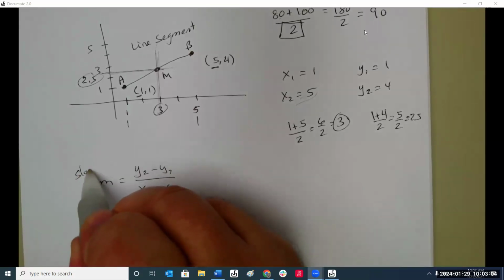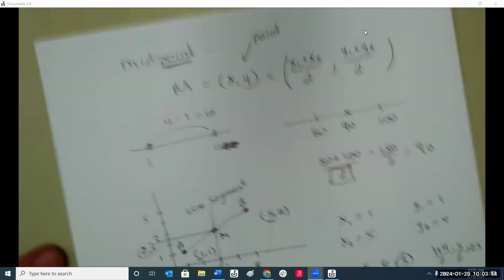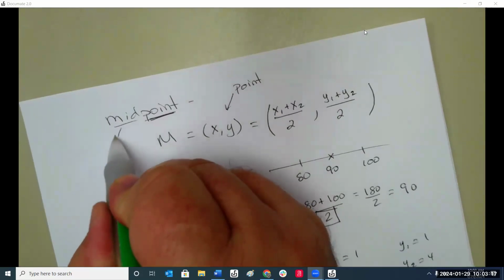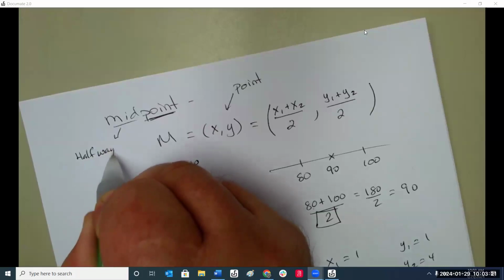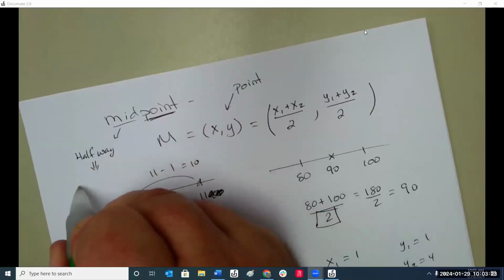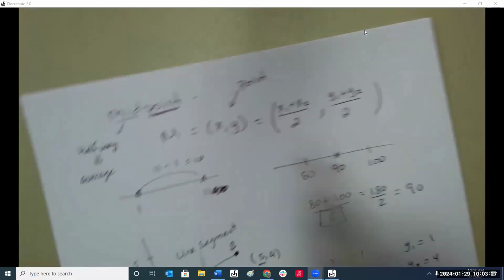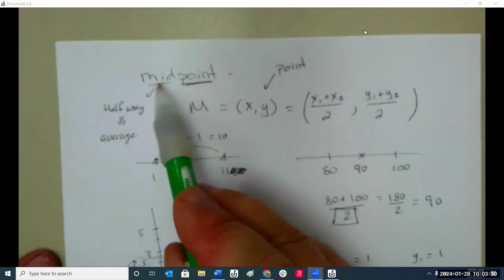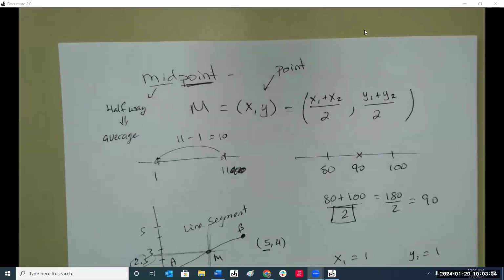That's your slope. So again, mid means halfway, which means the average. So in our title, we have midpoint, which is the halfway point, which is the average of our 2 points, the X's and the Y's.